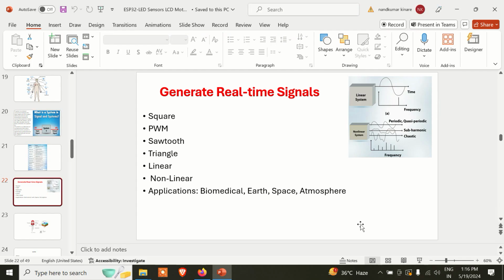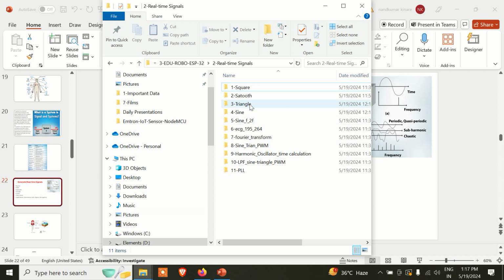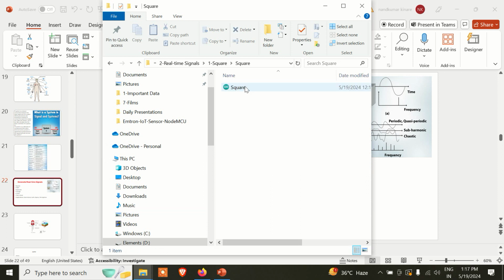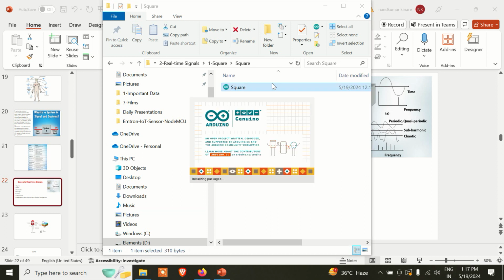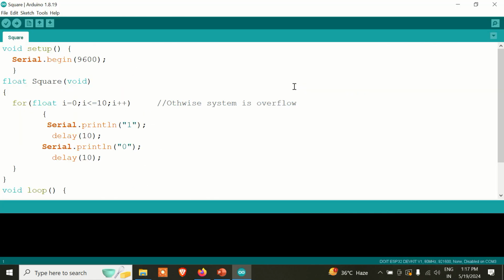So to begin with, let's see the square wave. This square wave has two states. One is high state, other is low state.